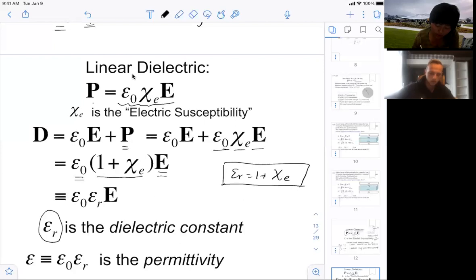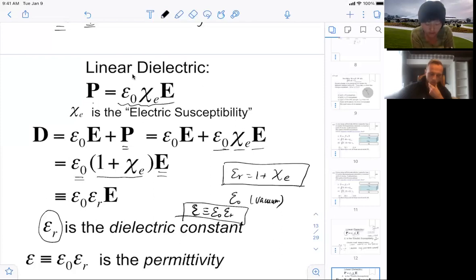Epsilon naught is the permittivity for vacuum. When you put epsilon naught and epsilon r together, sometimes it's just called epsilon, which is the permittivity of the material. So a lot of constants here: we have chi E, epsilon relative, and epsilon.